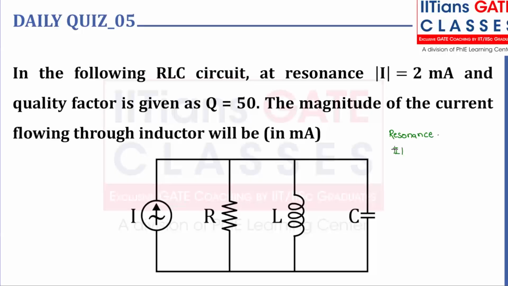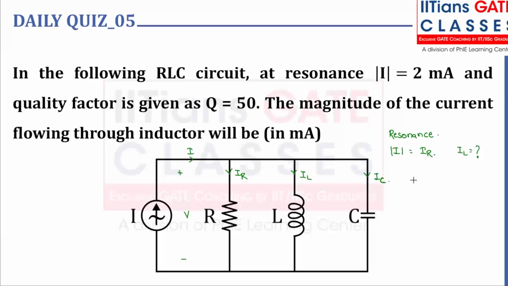So magnitude wise, I is equal to IR. We need to find IL. Assume that voltage across the RLC is V and current flowing from here is I. This is IR, this is IL and this is IC.